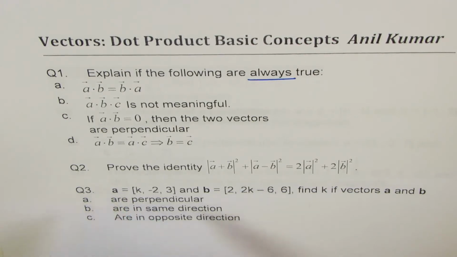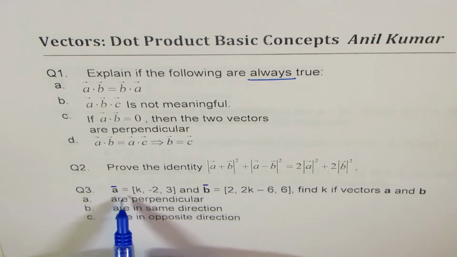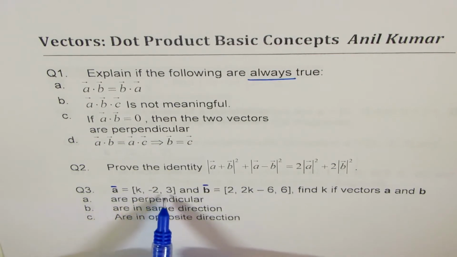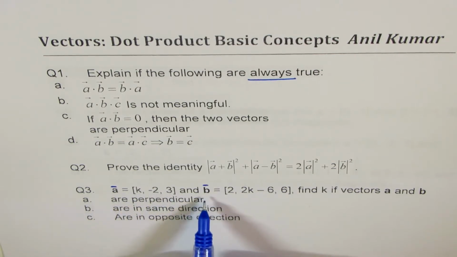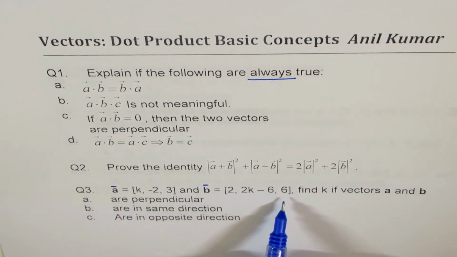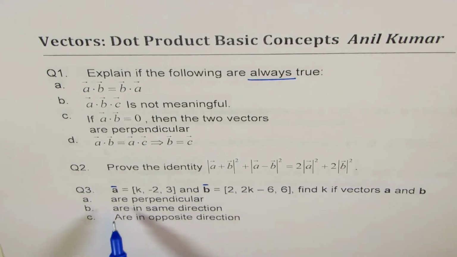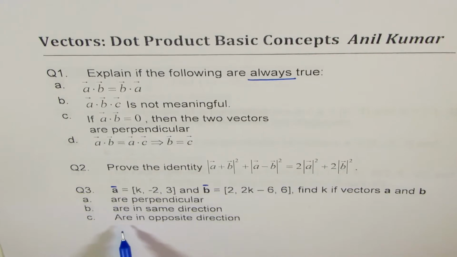Vector A equals k, minus 2, 3, and vector B equals 2, 2k minus 6, and 6. Find k if the vectors A and B are perpendicular, are in the same direction, or are in the opposite direction. So I hope you have copied these 3 questions.